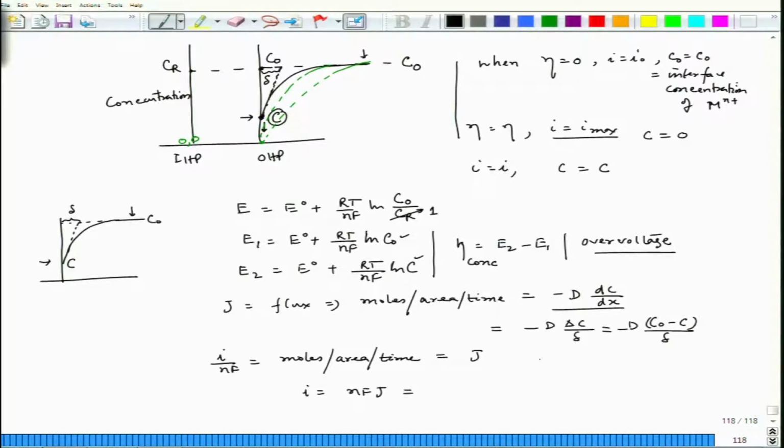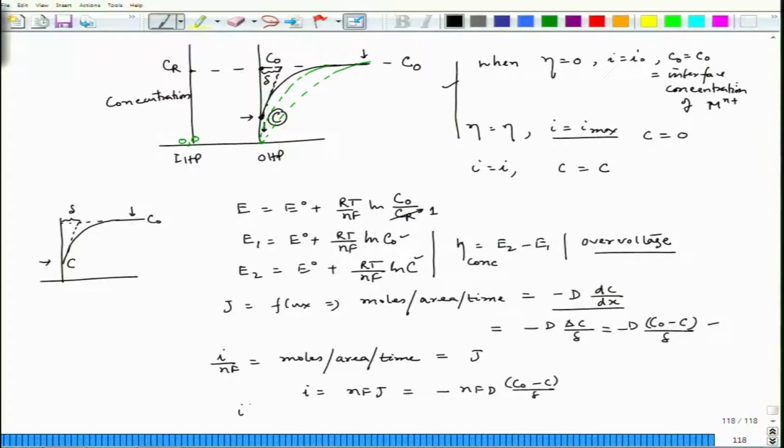So, I put this particular situation: I equals minus nFD (C 0 minus C) by delta. Now, I use these two conditions.